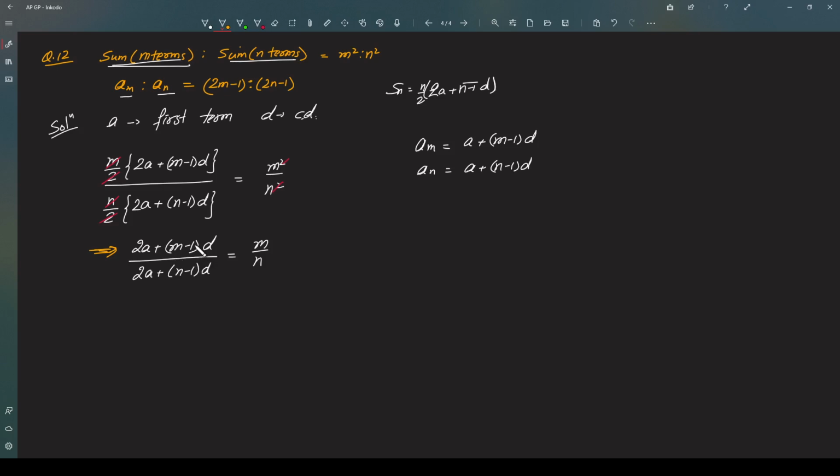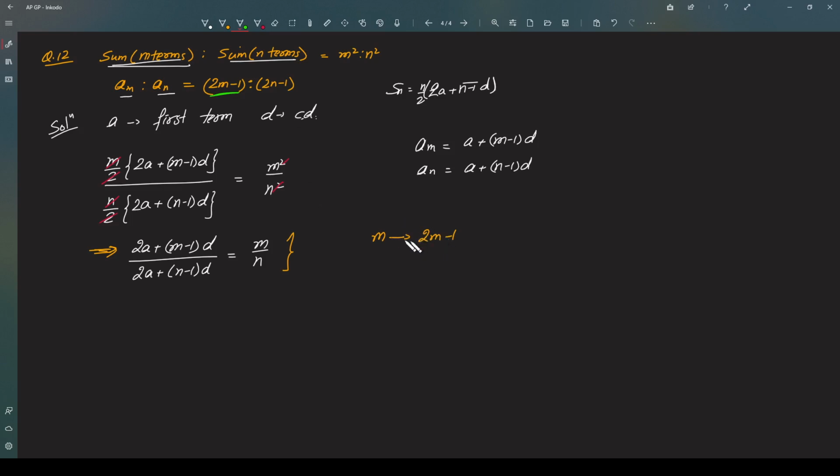So no need to worry. What we are going to do is replace m. So this is the ratio which we have got, right? This is one of the expressions which we have got. Now if I replace m with 2m minus 1, and n with 2n minus 1, the ratio should be 2m minus 1 is to 2n minus 1.